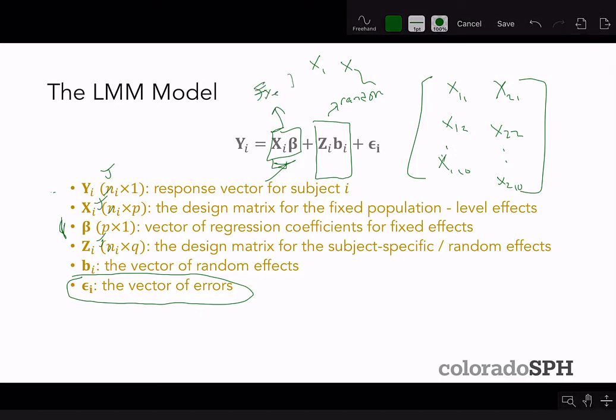It's because you have both fixed and random effects in the same model. So the Zi is similar in structure to the Xi. It's a design matrix of covariate values, except for subject-specific effects. And then the bi are the vector of random effects. And you'll see a little bit more of what those random effects actually look like in the next few slides.